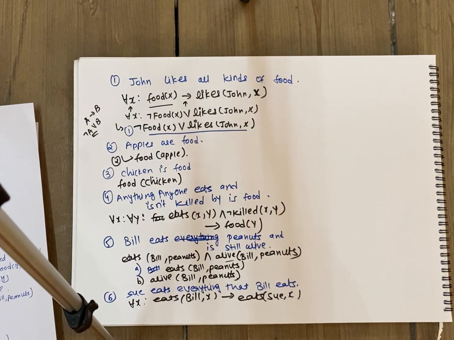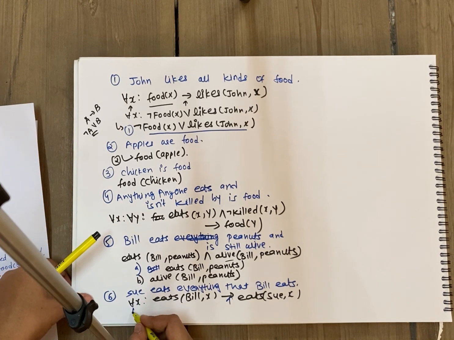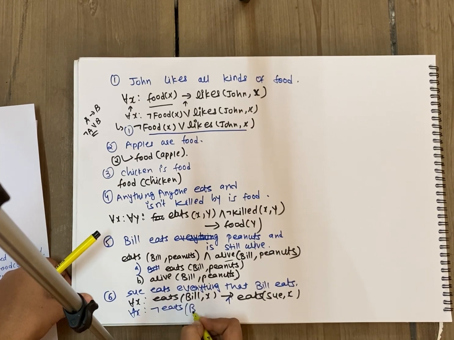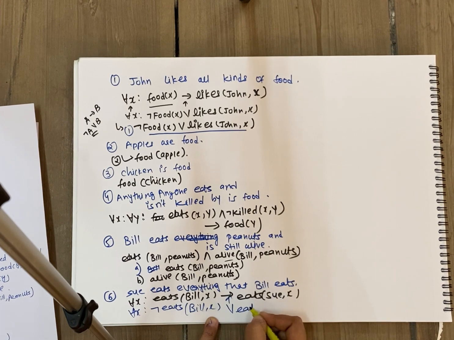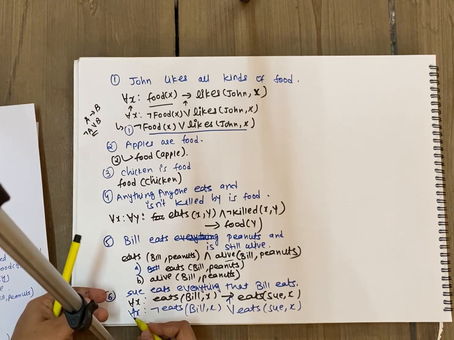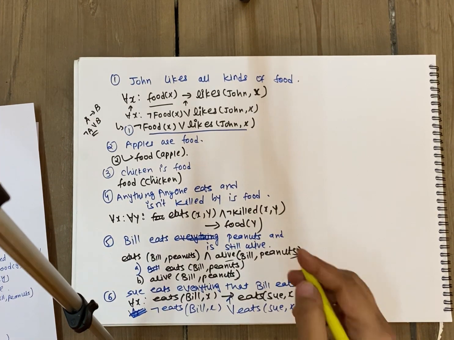Means if Bill is eating anything, then Sue is also going to eat it. Now we are going to convert that. There are two things: implication needs to be eliminated, and for all needs to be eliminated. So it is something like for all x not eats Bill, comma, x, or eats Sue, comma, x. Now we are going to drop for all. You have to write that as a separate step. You cannot just delete this. Okay. So these are the conversions that we have discussed.